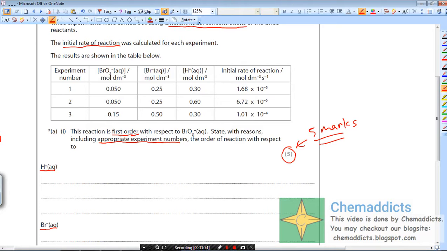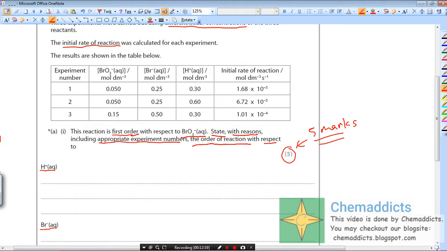First, the information is given for bromate 5: the order of reaction of bromate 5 is first order. That's totally fine. They want us to state, with reasons, including appropriate experiment numbers, the order of reaction with respect to the following.